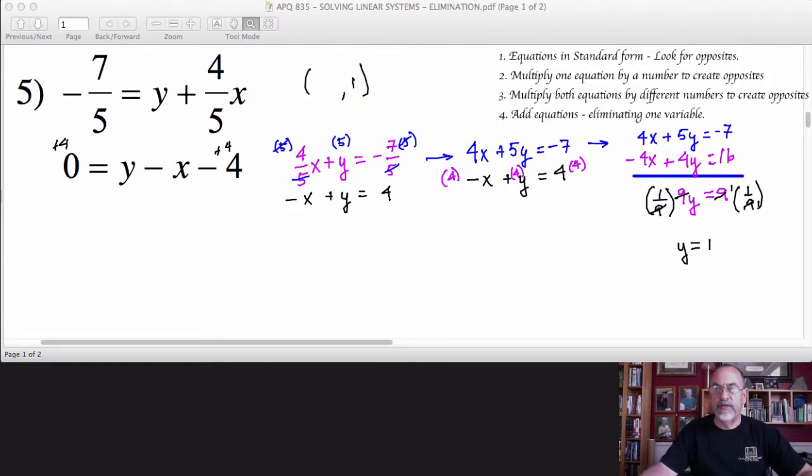Now to determine the x value, again, I can go back to any of these equations that I've used all the way through here, whether the two originals or these two, it doesn't matter. I'm going to go back to, let's say, this equation right here and substitute in our y value. So that gives me -x plus my y value, which is a 1, is equal to 4.